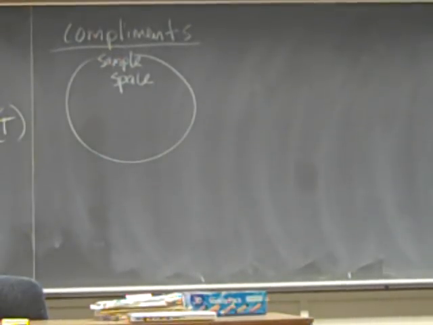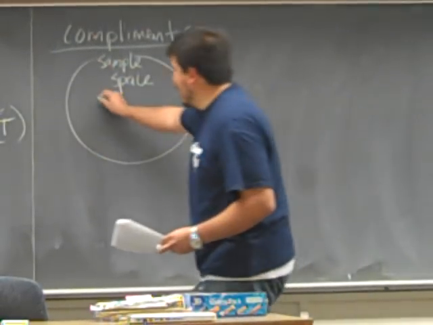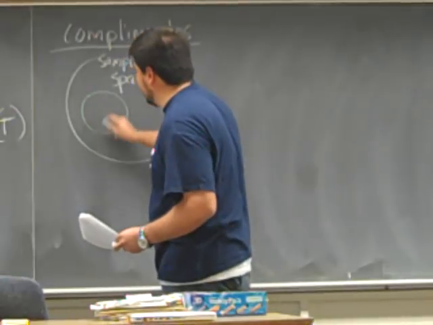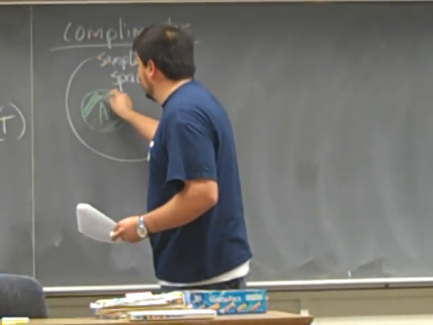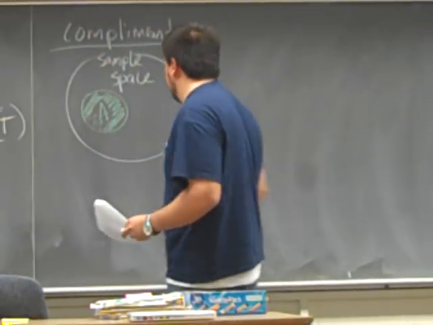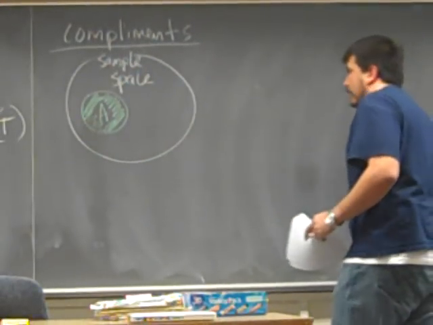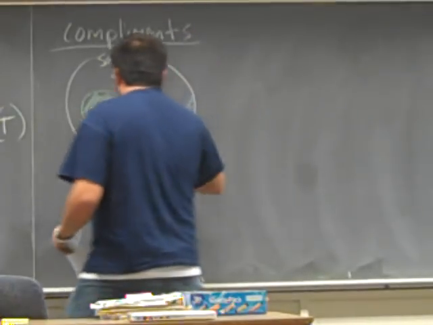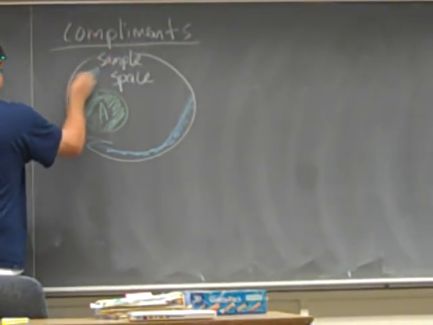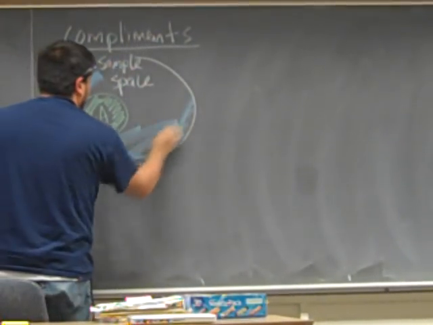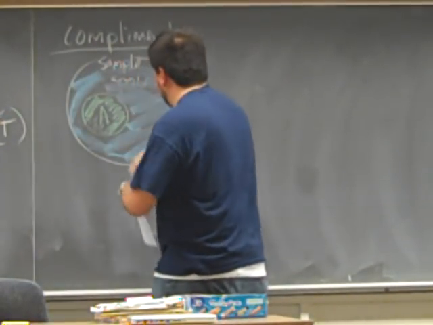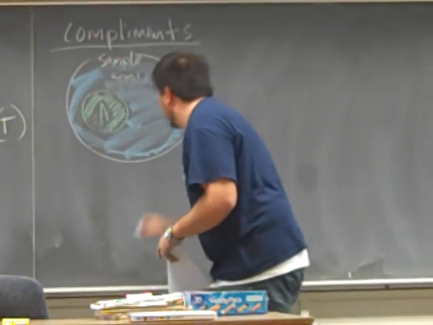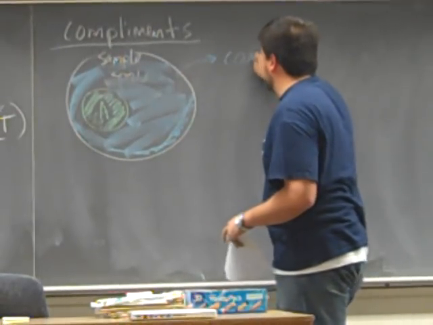Within that circle, I have a small collection of events that I'm interested in, which we'll call A. Then everything outside of A, everything in blue, is what we call the complement of A.